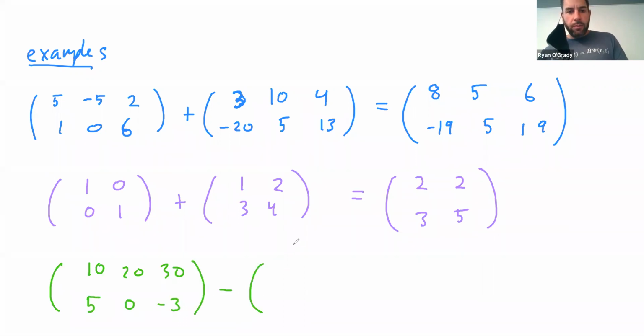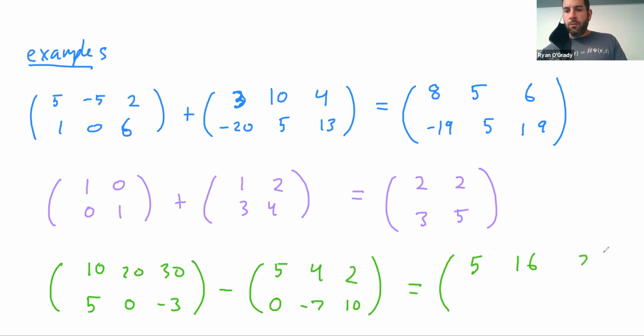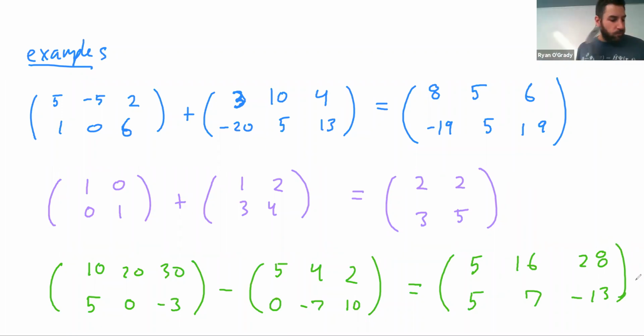If I wanted to subtract two matrices, ten minus 5 is 5, 20 minus 4 is 16, 30 minus 2 is 28. Does anybody have a question about this?